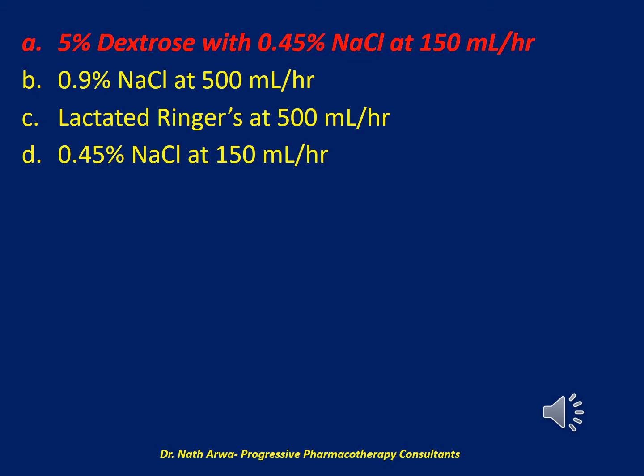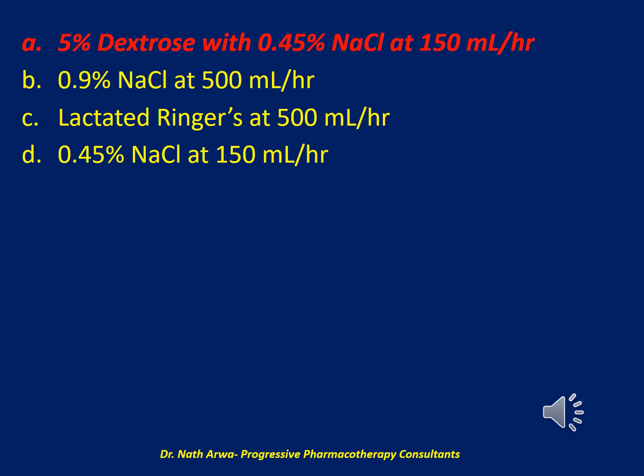It is inappropriate to change the IV fluid to lactated Ringer's at 500 ml per hour for this patient whose blood glucose is 225 mg per deciliter. It is inappropriate to change the IV fluid to 0.9% sodium chloride solution at 500 ml per hour in this patient whose blood glucose is 225 mg per deciliter.